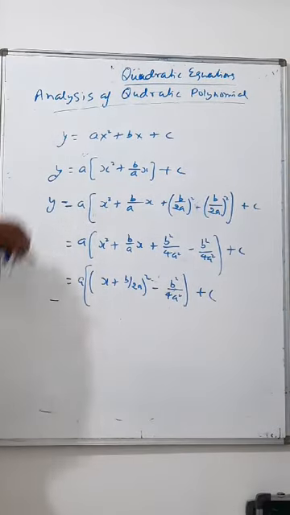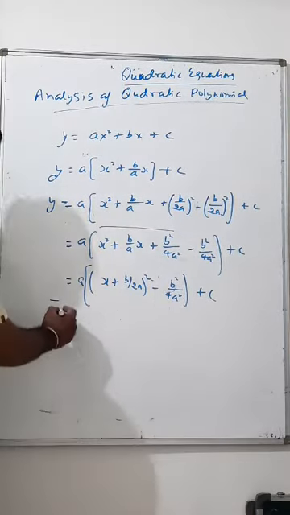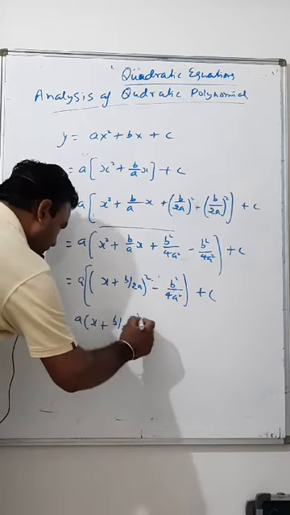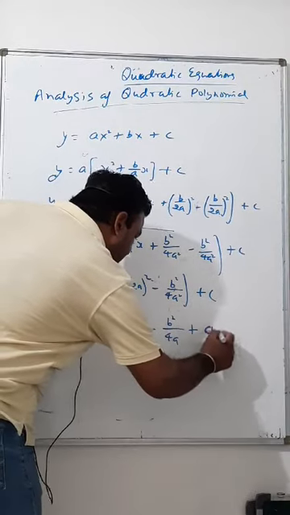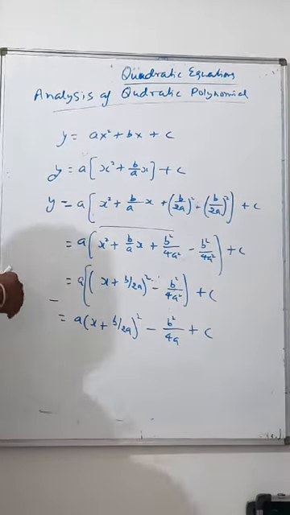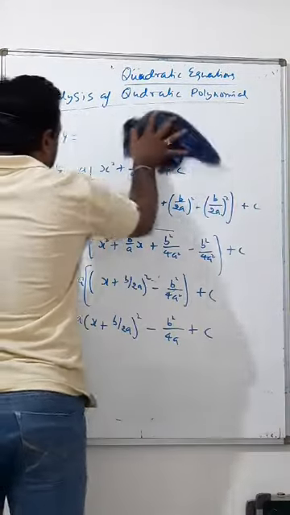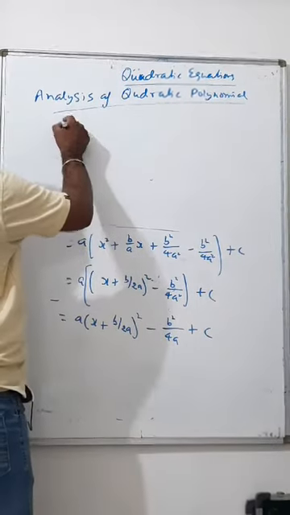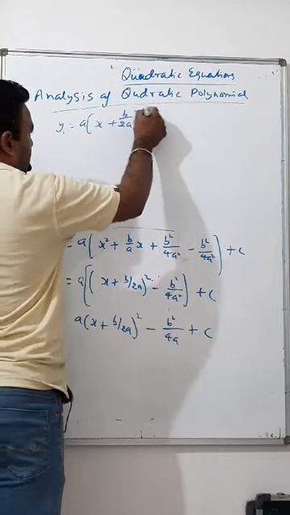Got it? Quite simple. This becomes a perfect square, and here remains b square by 4a square. Now I simply do a times x plus b by 2a whole square minus b square by 4a plus c. Sorry, plus c only is plus c. Now I have the equation in this form. It is y is equal to a times x plus b by 2a whole square.